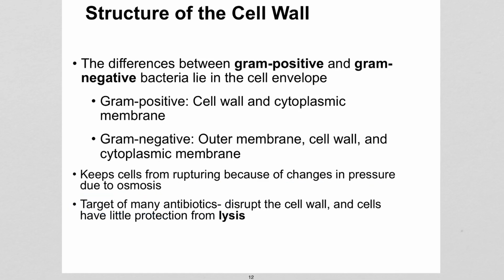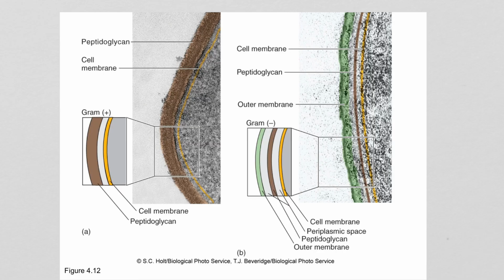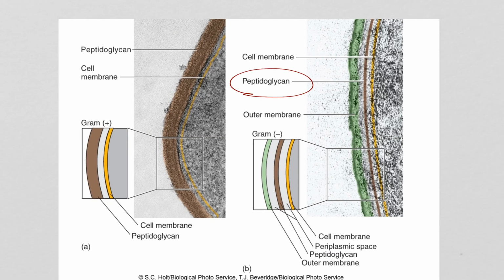Okay, I mentioned cell walls earlier, and we've done gram-positive, gram-negative staining in the lab, so you can sort of visualize the difference between those. And the gram-positive, gram-negative designation is really just based on differences in cell wall structure. Right? Cell wall is a rigid layer of protein called peptidoglycan.